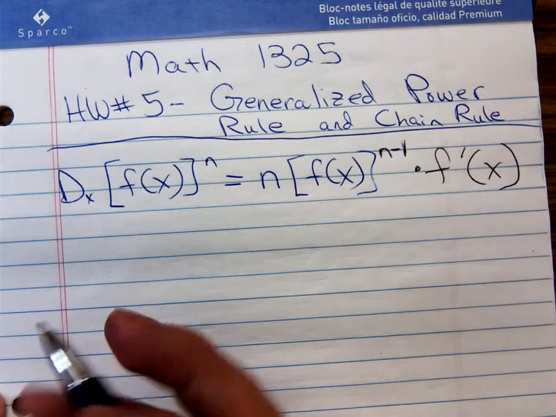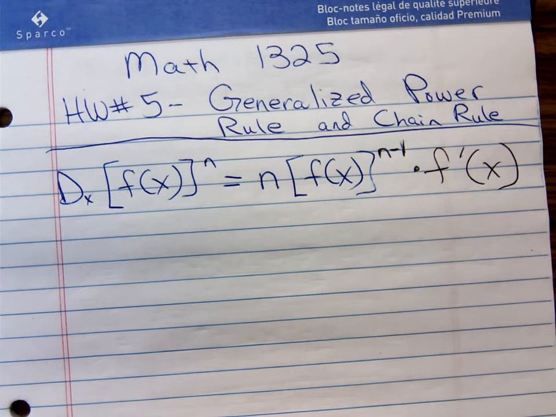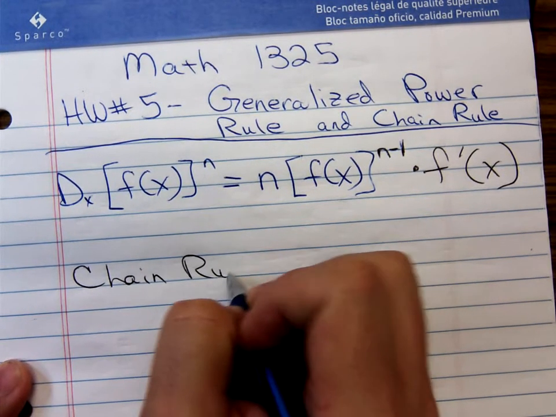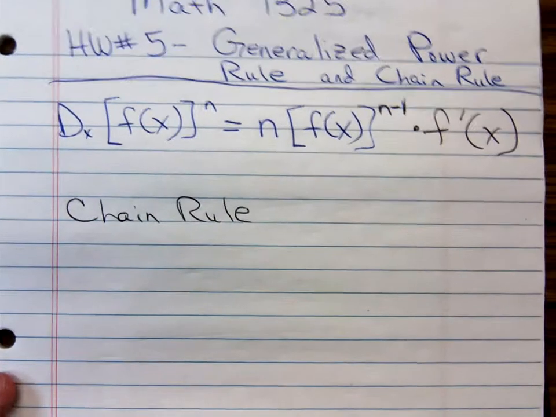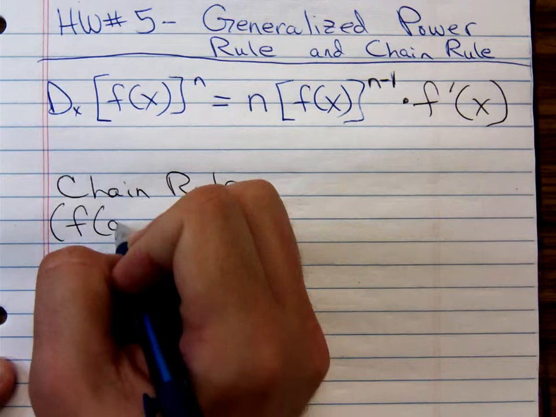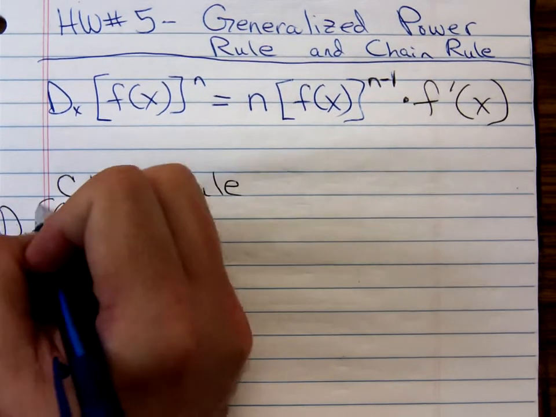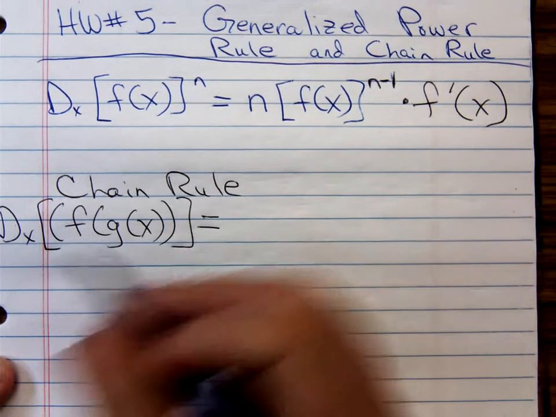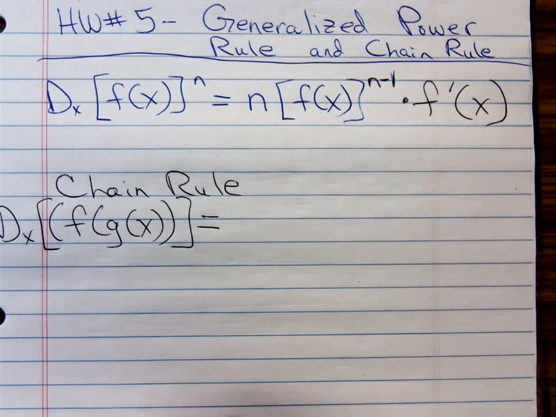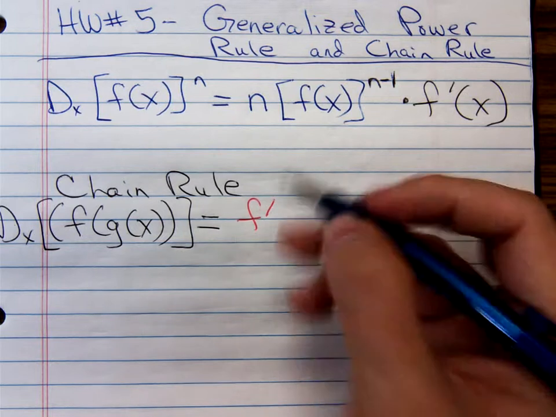The chain rule says that if you're looking at a composition of functions, say you have f of g of x, that you want to differentiate, you differentiate the outer function, leaving the inside function alone.